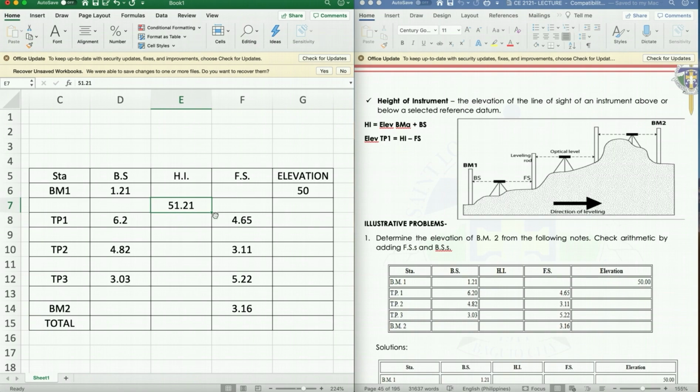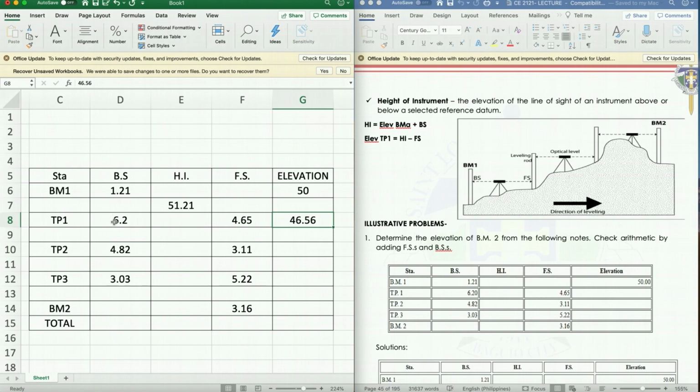So 51.21 minus 4.65 is equivalent to 46.56.